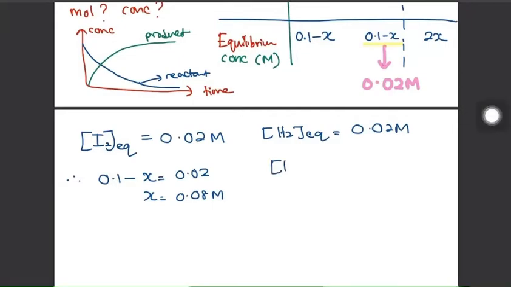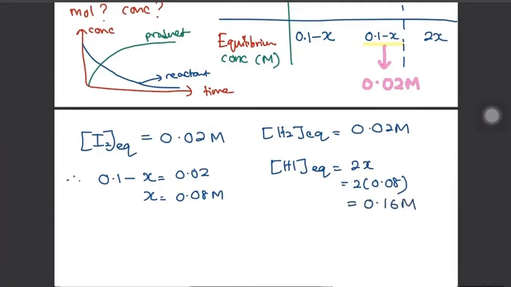And the equilibrium concentration of hydrogen iodide will be 2x, which is 2 times 0.08, equivalent to 0.16 molar. So now I have all three equilibrium concentrations of the species reacting in this equation.